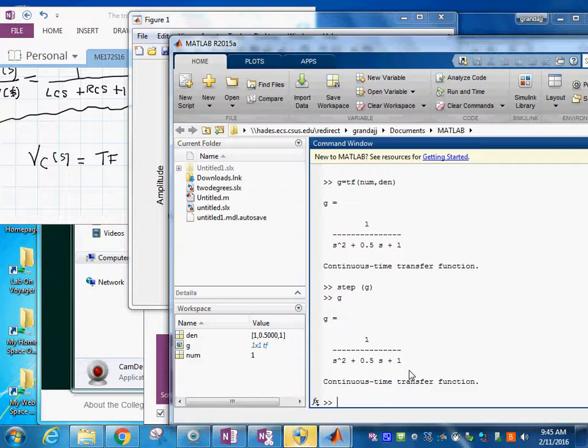I did the step input, but I could try different things, like for example the impulse response. I say impulse of the transfer function, and then the computer is going to calculate. See, it did it over here.